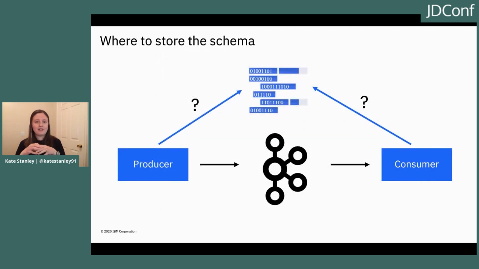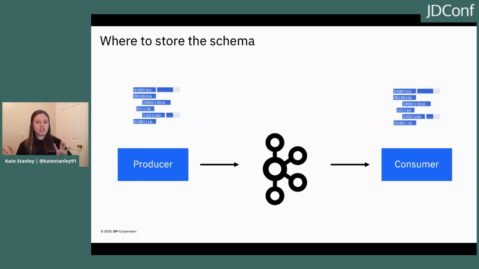So if we have a schema, this means the producers and consumers can use that to understand these events. But where do we store the schema? So we could store the schema individually with the producer and the consumer, but this doesn't solve the problem of what happens if something changes. If the producer evolves their schema, there's no way for the consumer to know that something has changed.